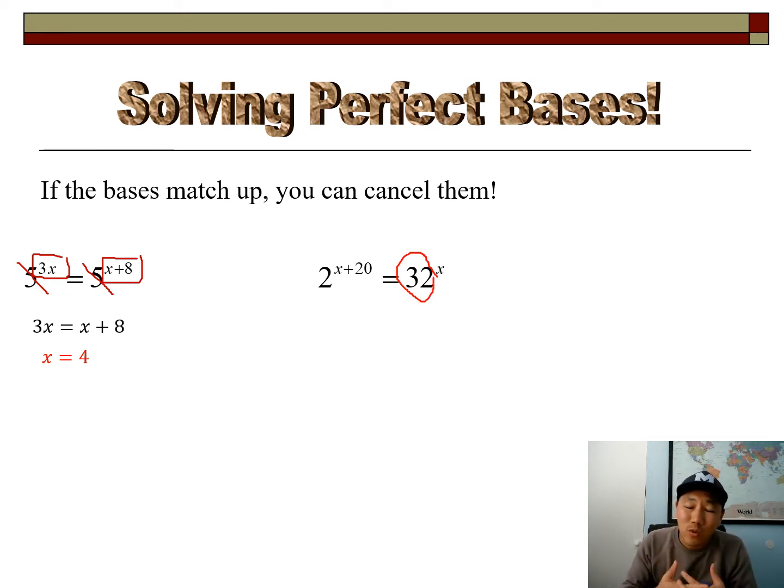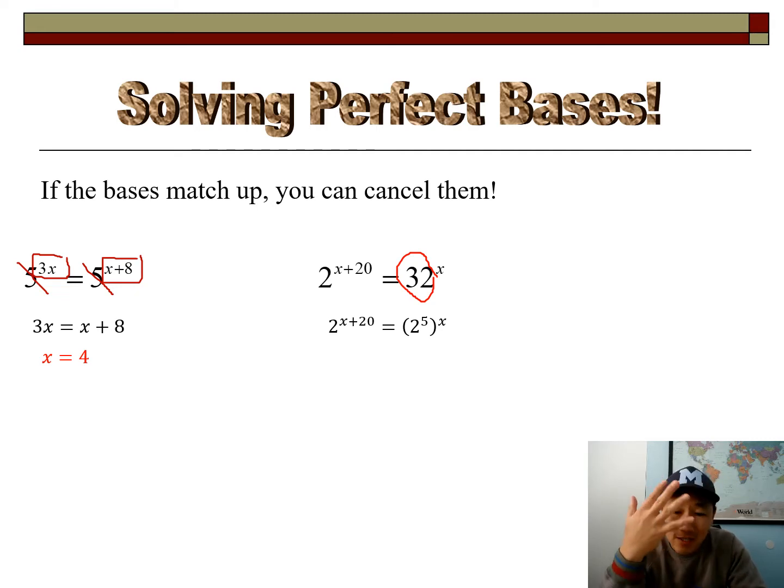Is there a special way I can write 32 so that it has base 2? And there is a way. What about 2 to the 5th power? 2 times 2 is 4 times 2 is 8 times 2 is 16 times 2 is 32. All right, so 2 to the 5th power is a different way of writing 32. But we're doing it that way just so that now they both have base 2.